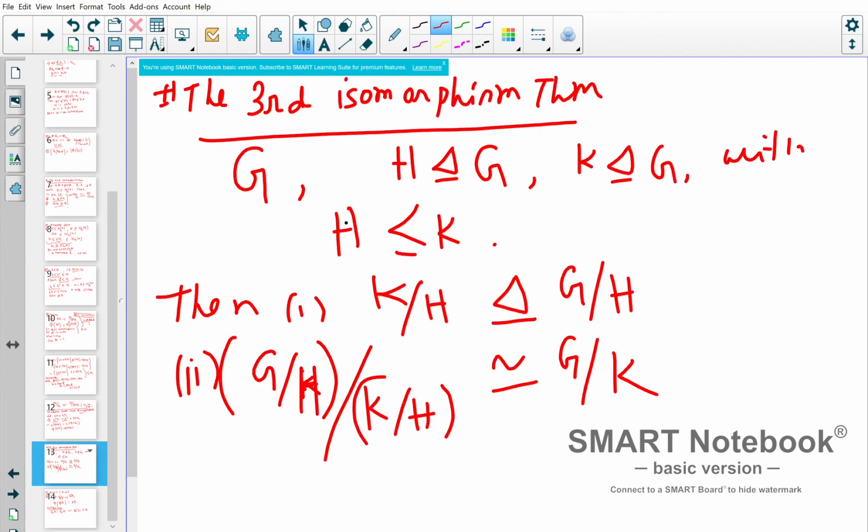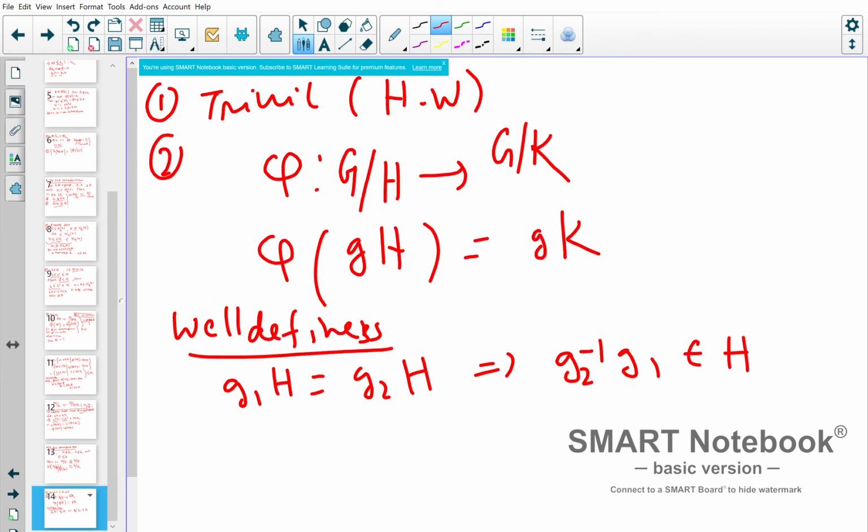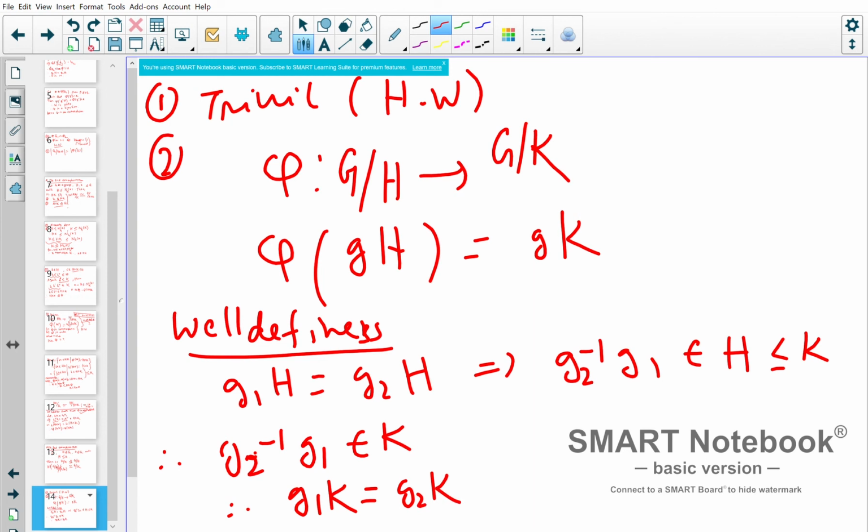It is given that H is a subgroup of K. So this implies that G2 inverse G1 belongs to K, and hence as cosets G1K is the same as G2K. Done, right? Which is nothing but phi of G1H same as phi of G2H. Okay, so this is well defined.